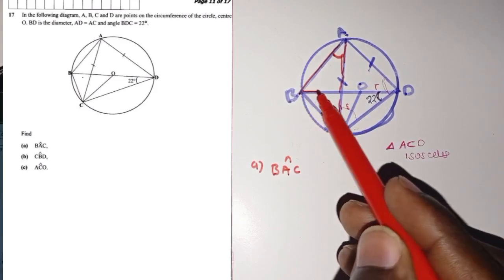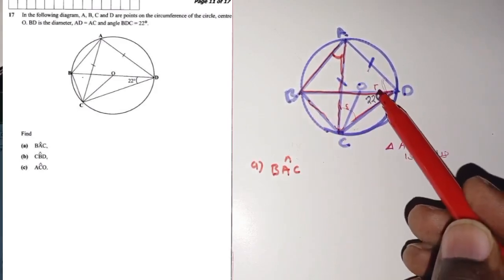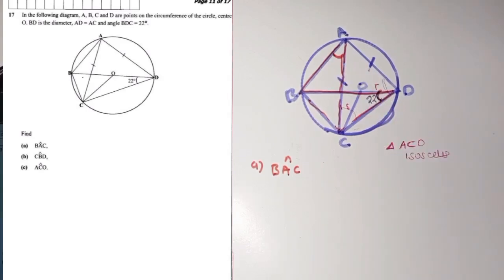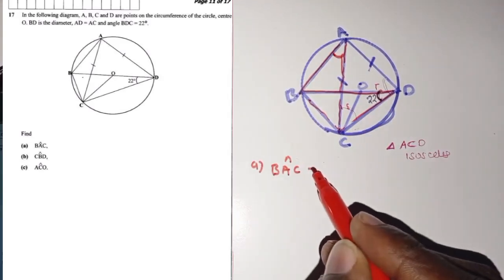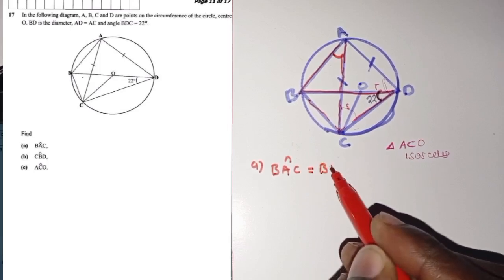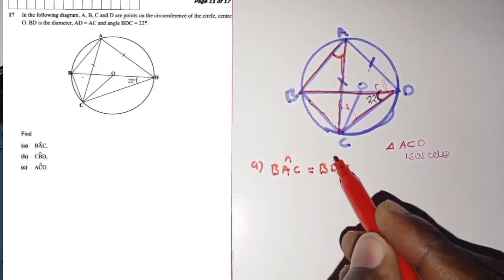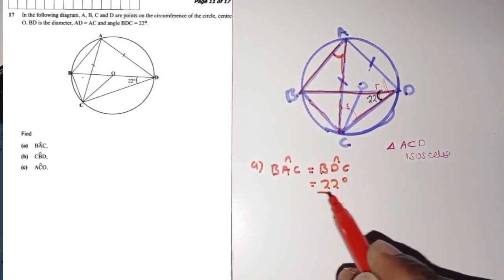You have this angle originating from BC, and there's a property you've already seen. This and this will be equal, angles originating from the same chord. So you're going to say BAC is equal to BDC, which is 22 degrees.